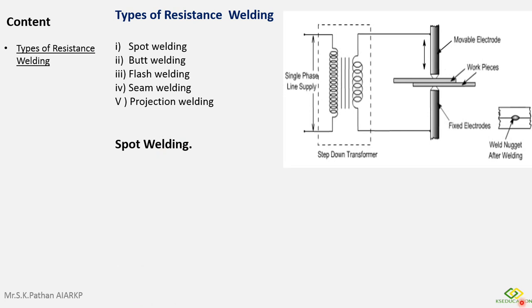As you saw in the previous slide, there are two electrodes, one movable and another fixed, and in between these two electrodes a metal sheet which needs to be joined is placed, and this is connected with the transformer.